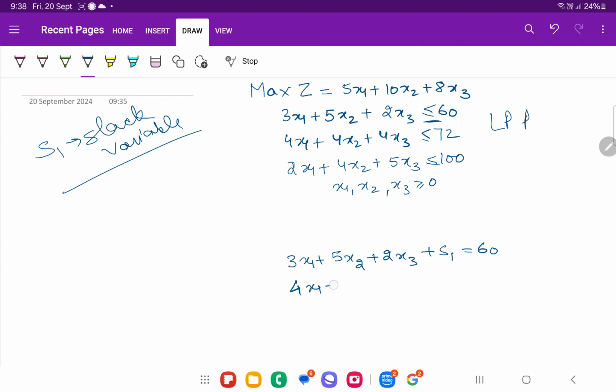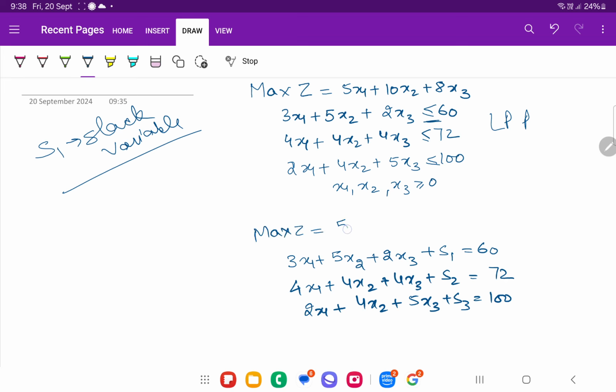Similarly, we will write the second constraint like this, and we'll write the third constraint like this. So we have added 3 slack variables. The contribution to the objective function for these slack variables is 0, so this can be written as 0s1 plus 0s2 plus 0s3.